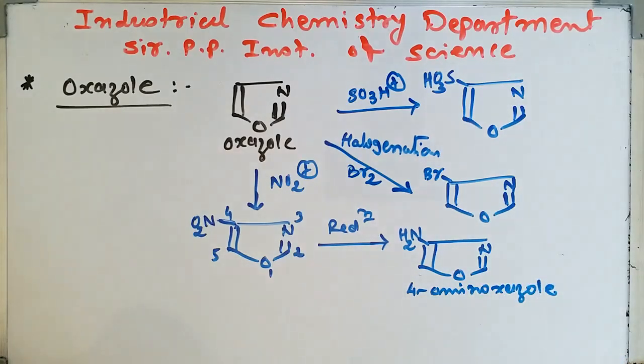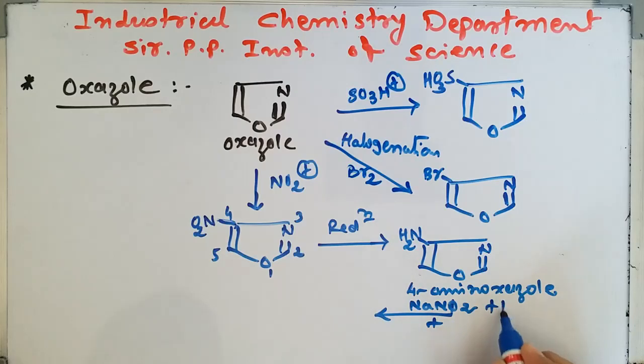And this 4-amino oxazole gives azo dyes. It is treated with NaNO2 plus HCl, maintained at 0 to 5 degrees Celsius.